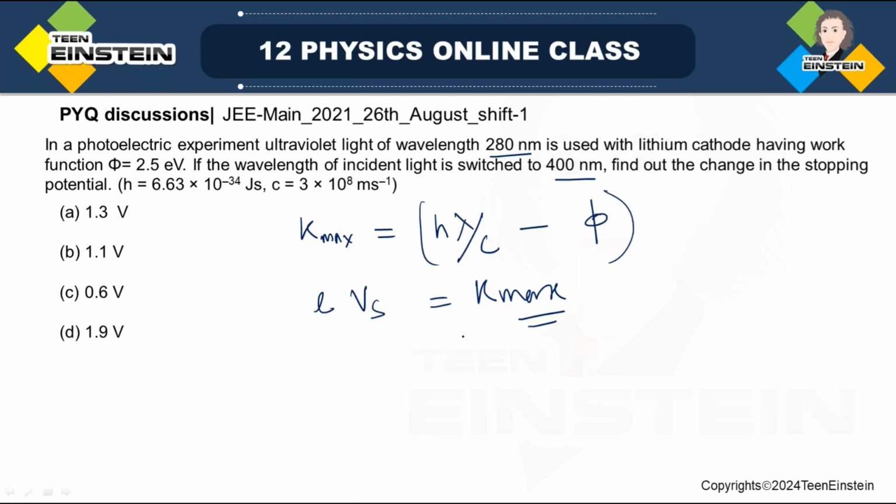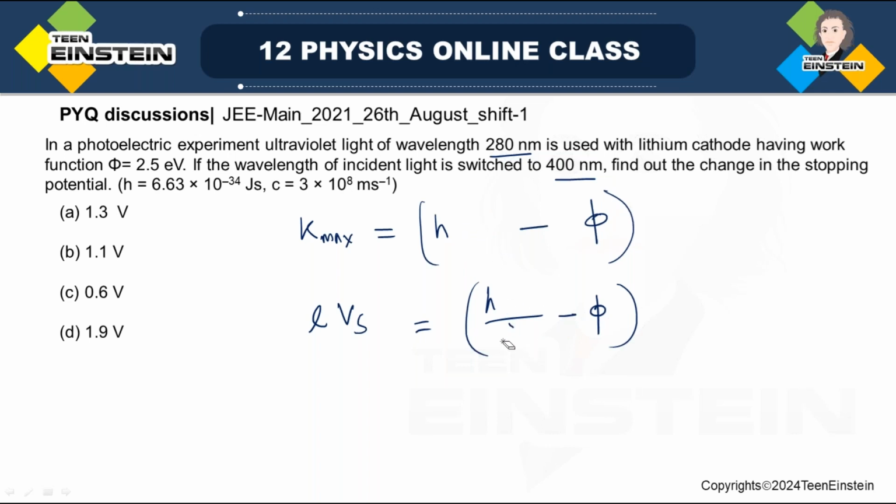Okay, that means maximum kinetic energy is exactly equal to the stopping potential energy. So e into Vs actually is stopping potential energy, eVs. So hc by lambda minus phi. So now look, I'm sorry, this is hc by lambda. Now these are all actually in the unit of energy.